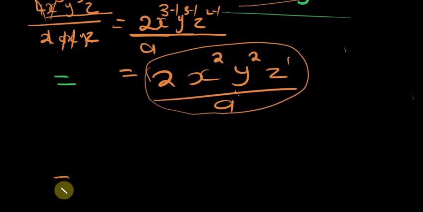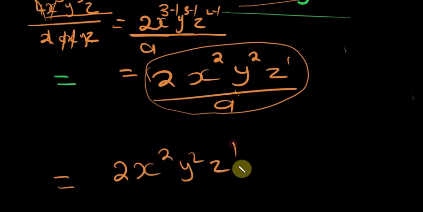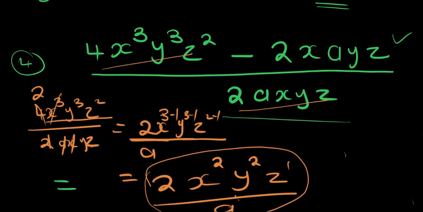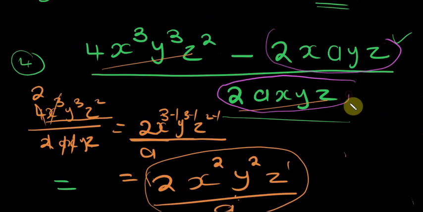So what I'll do is I'll write that as 2x squared y squared z to the power 1 divided by a, minus, what is our answer now? Minus 2xayz divided by 2axyz.